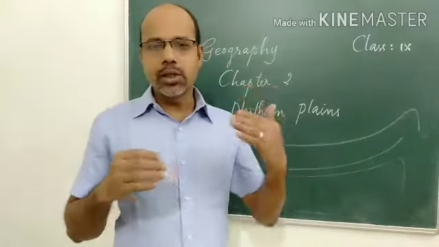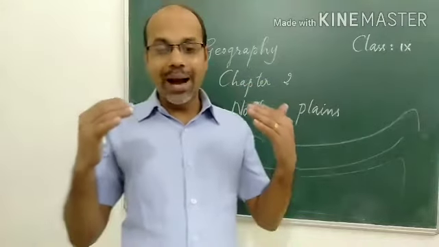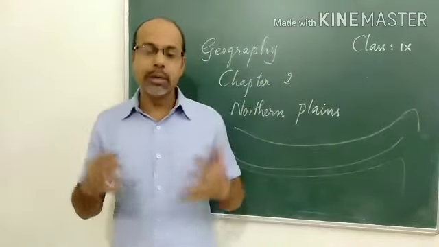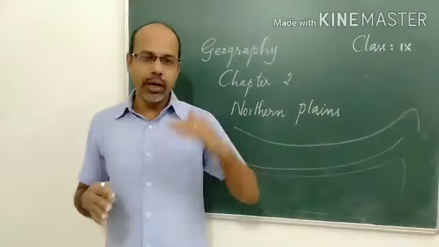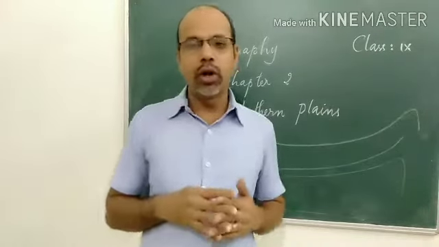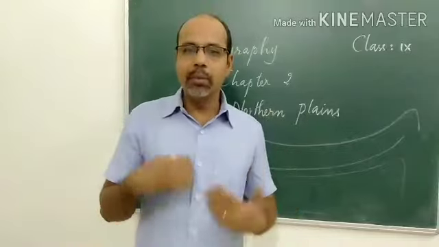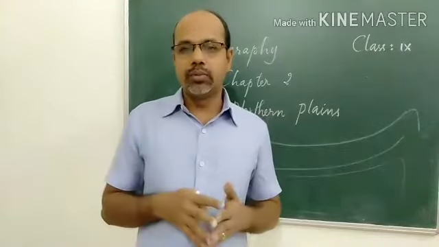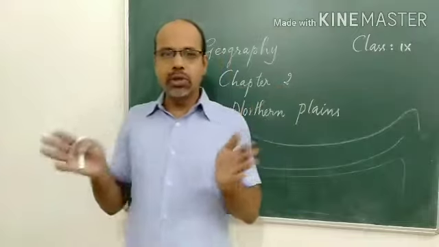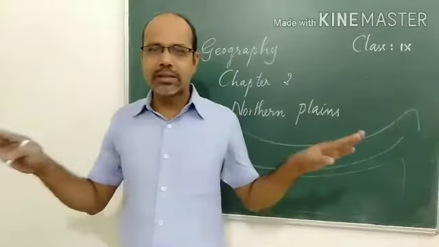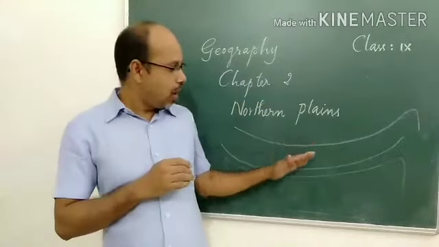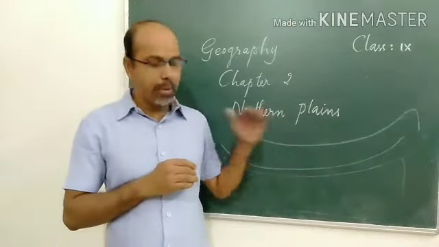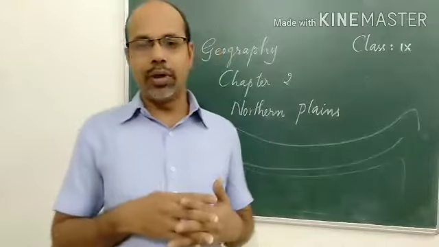This plain is also formed by alluvium deposited by the rivers. So mostly the soil found here is alluvial soil because of the alluvium deposited by the rivers. The alluvium was deposited in a vast basin lying at the foothills of the Himalayas, many millions of years ago.